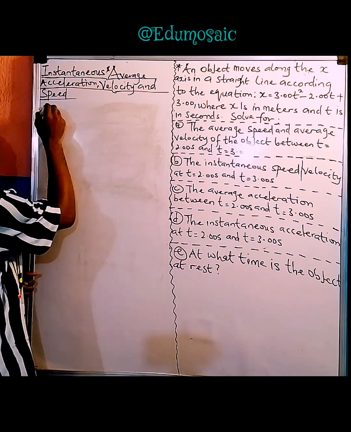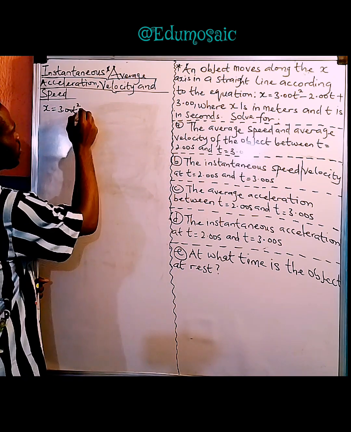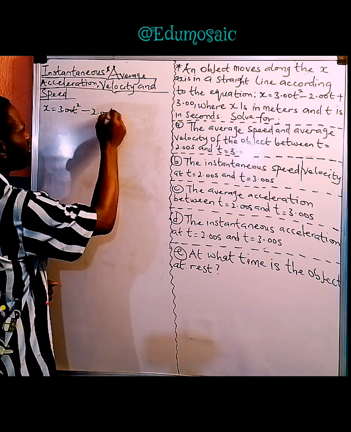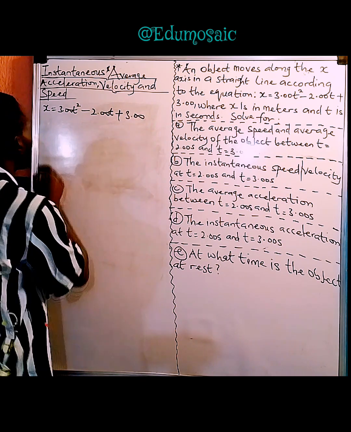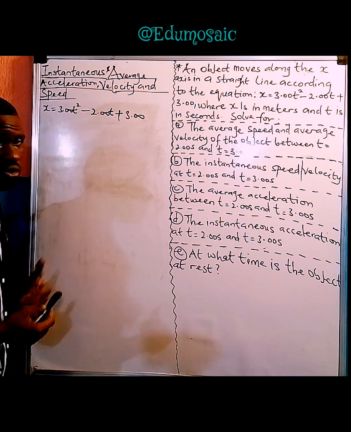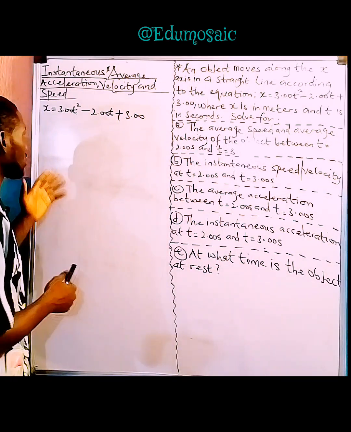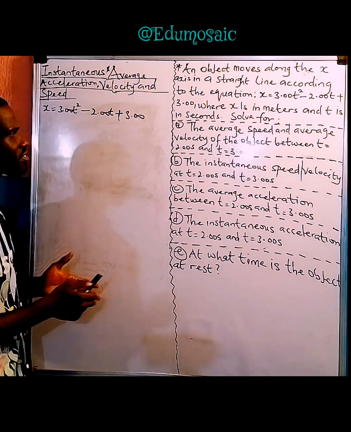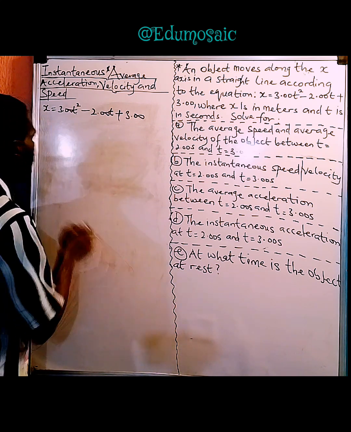So here we have displacement equals 3.00 t raised to 2 minus 2.00 t, then plus 3.00. So this is displacement, and this is time. It means it's very easy for us to get our velocity. We're talking about velocity here because we have displacement and time.